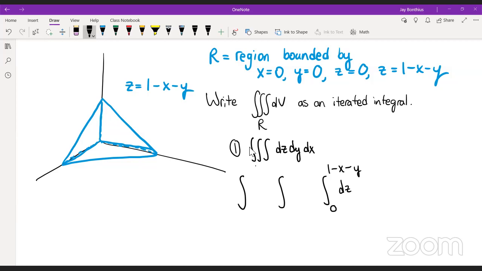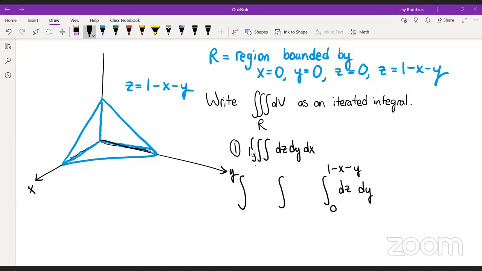Okay, now let's do dy. Okay, so now we're looking in R2. So that's the x-axis. We're looking in this xy plane here. What is the lower bound on y with respect to the remaining variables that have not been integrated with respect to? So that would be x.